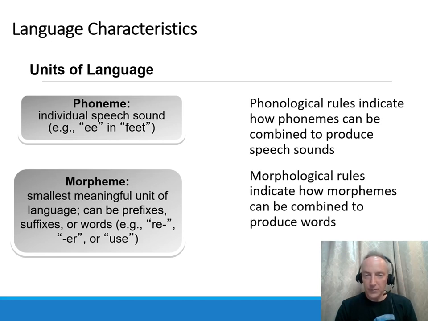So we could say, I am rereading the chapter. Rereading has three morphemes. Read, the prefix re, which means I am doing something again, and then the suffix ing means whatever I'm doing it right now.